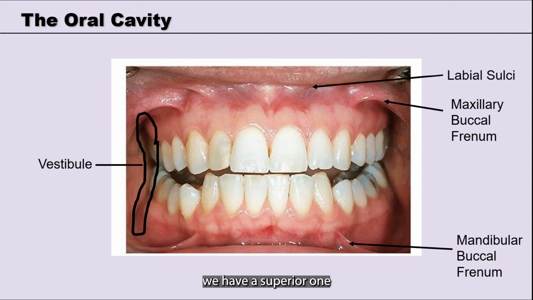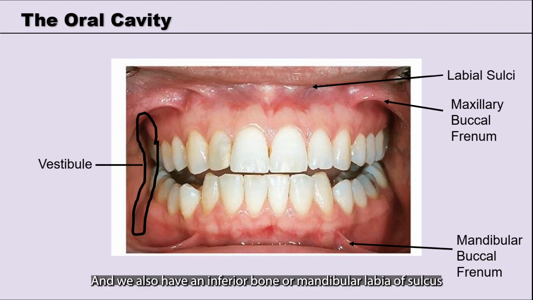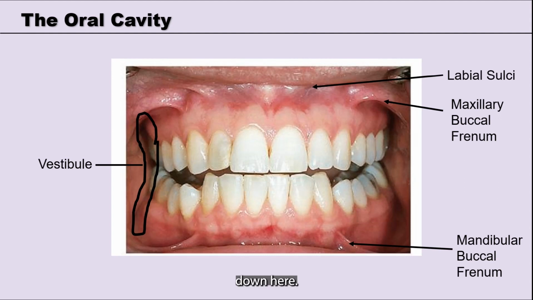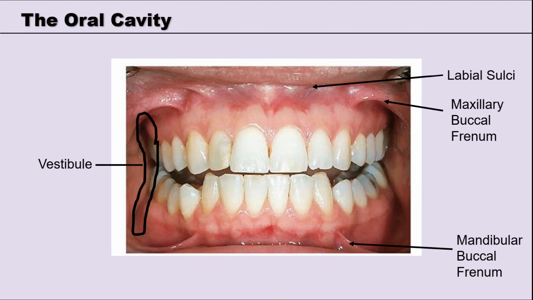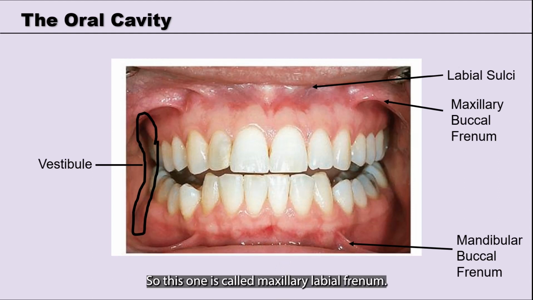We have a superior one, called the maxillary labial sulcus, as indicated here, and we also have an inferior one, or mandibular labial sulcus, down here. And finally, from this image, we have another fold, this time between the maxilla and the lips. So this one is called the maxillary labial frenum.